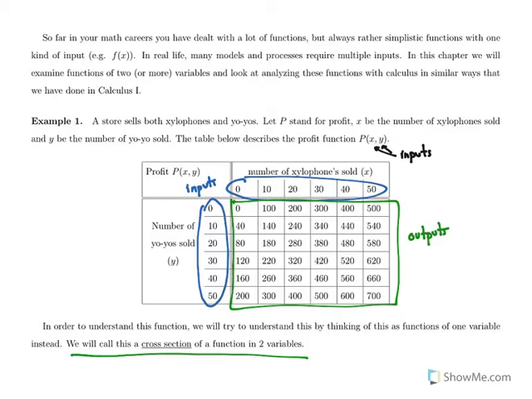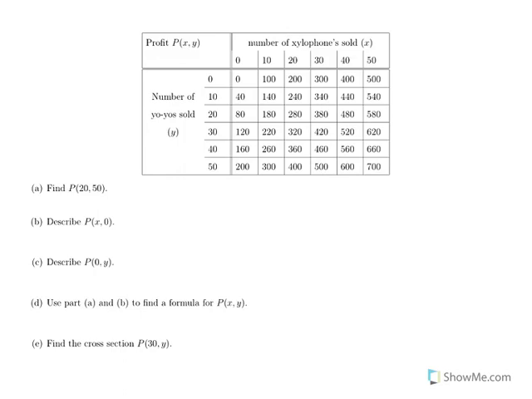So now let's look at this function in more detail. We're going to answer some questions about this function. First of all, let's answer how to find a function value. So first question, find P of 20,50. So that is, what is the profit if 20 xylophones and 50 yo-yos are sold?